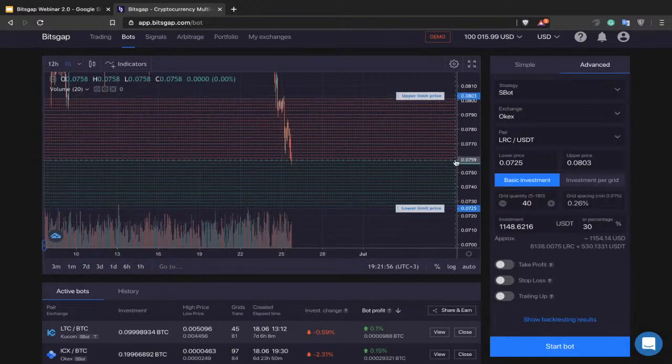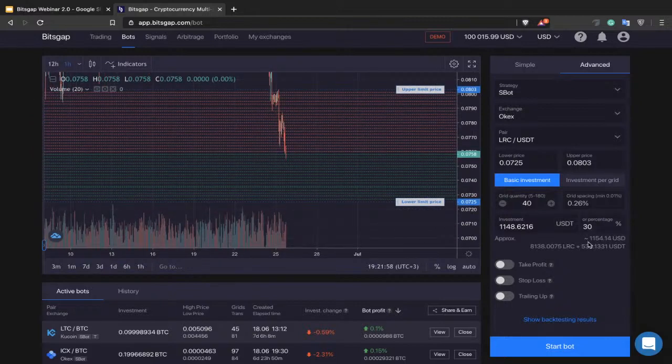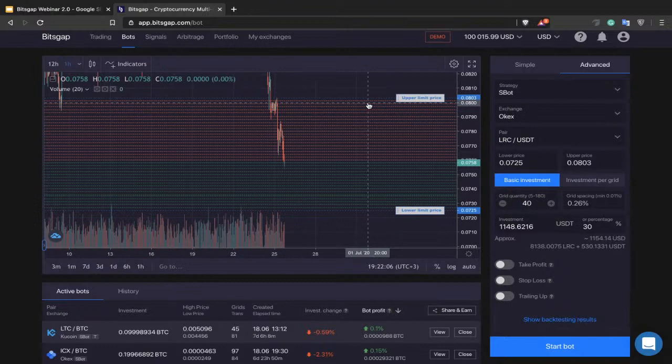So that's good. We can see clearly that in order to initiate this bot, having this wide sell zone and this buy zone, for the sell zone we must have 8,138 LRCs, and for the buy zone we must have 530 USDTs.